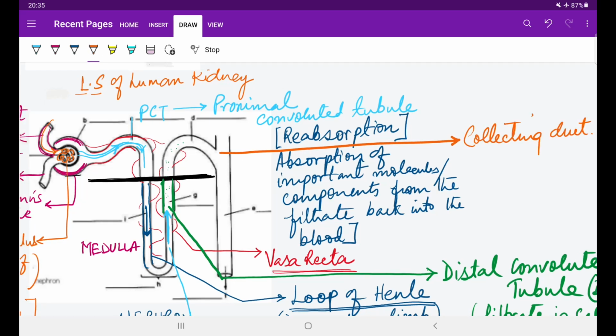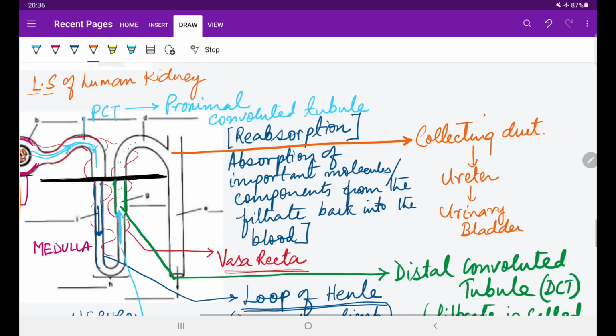There will be as many collecting ducts as there are nephrons, and finally the collecting duct joins with the ureter. After that, as you know, the ureter stores the urine in the urinary bladder, and from the bladder it is excreted out through the urethra.